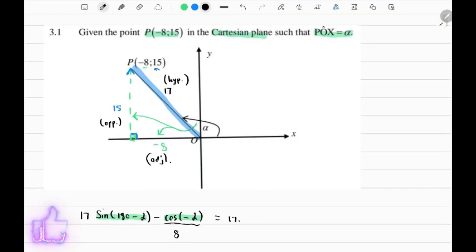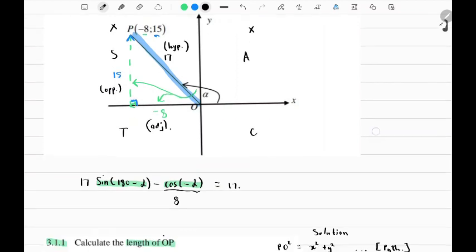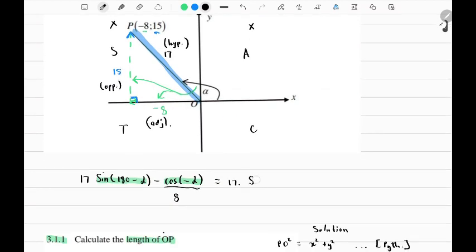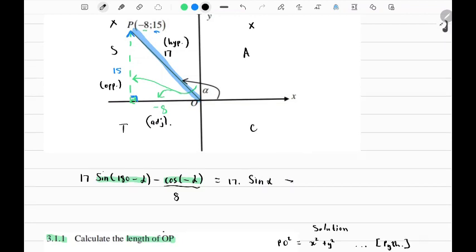We know that if we write down our CAST diagram, we can see that sine is positive in the marked places. So sine of 180 minus alpha would mean that we are in the second quadrant and sine is positive. So this can be written as sine alpha minus, according to the negative angle formula, cos of negative alpha is the same as cos of alpha, over 8.